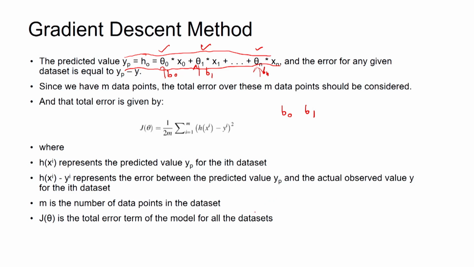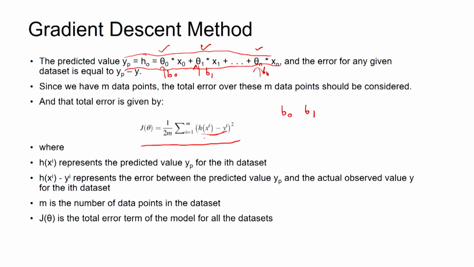So, in this case we can define this cost function. So, this is nothing but sum of squared prediction errors. So, this is prediction error for the ith instance. So, h of xi is nothing but the predicted value for x, and y dash is the actual value for x.